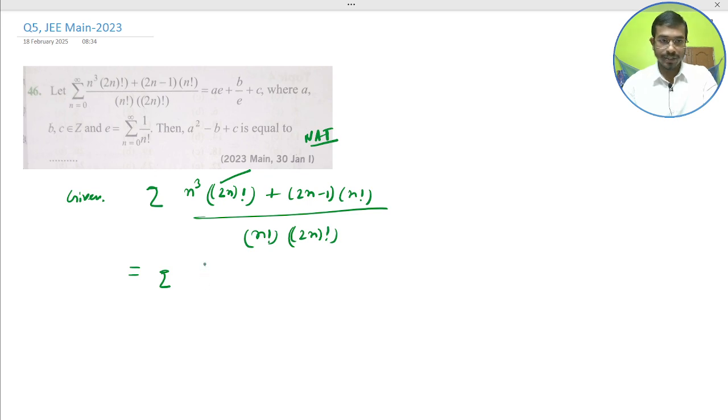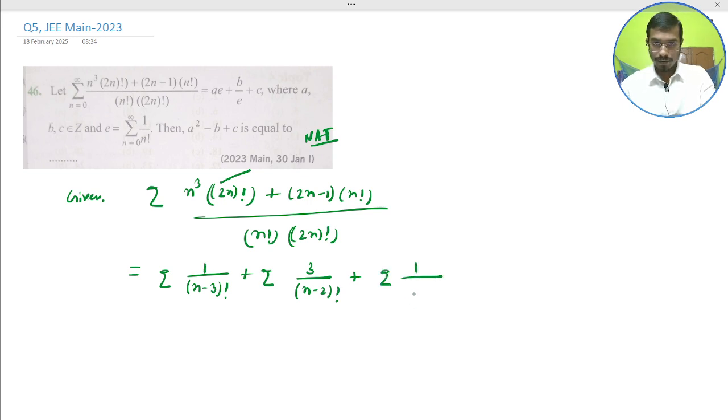So summation 1 by (n minus 3) factorial plus summation c by (n minus 2) factorial plus summation 1 by (n minus 1) factorial plus summation 1 by (2n minus 1) factorial minus summation 1 by 2n factorial.